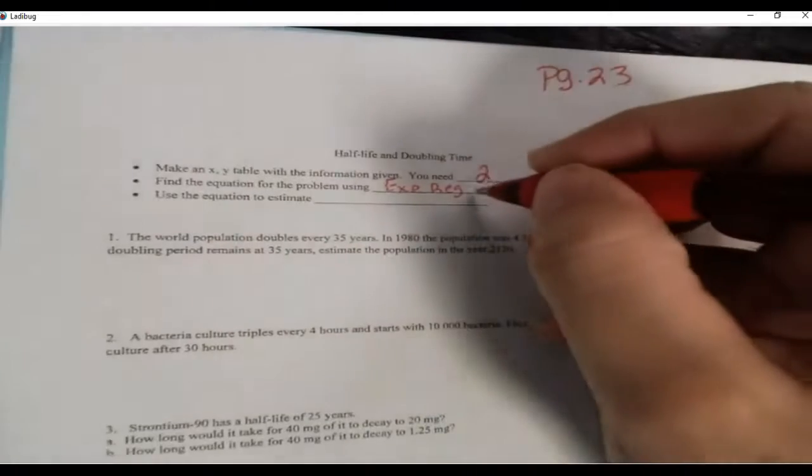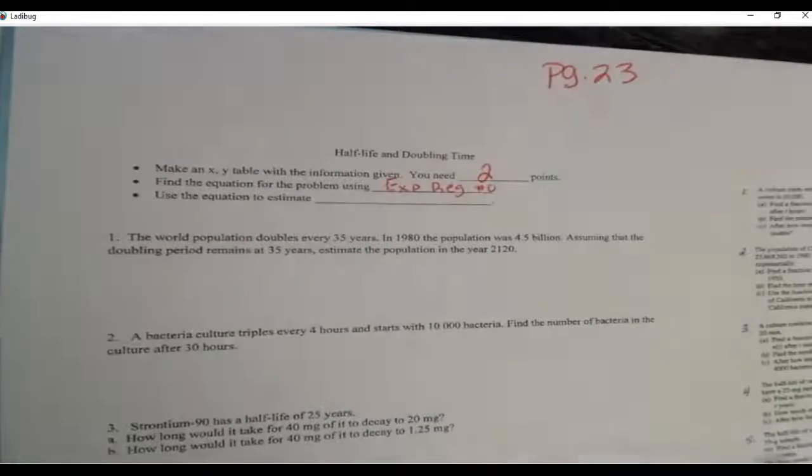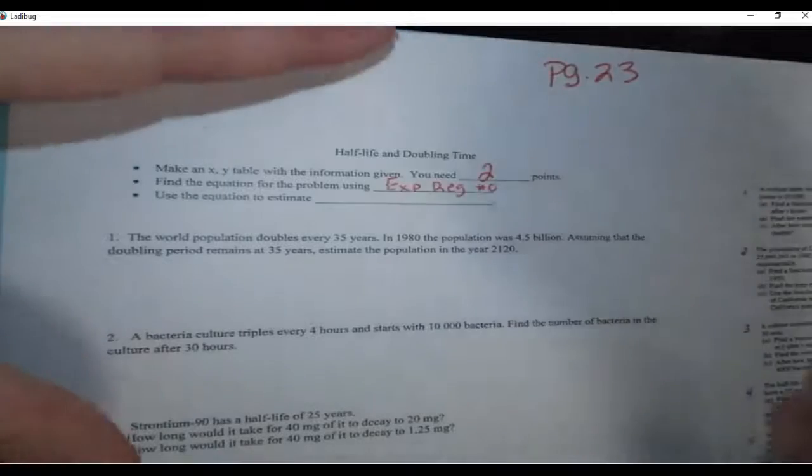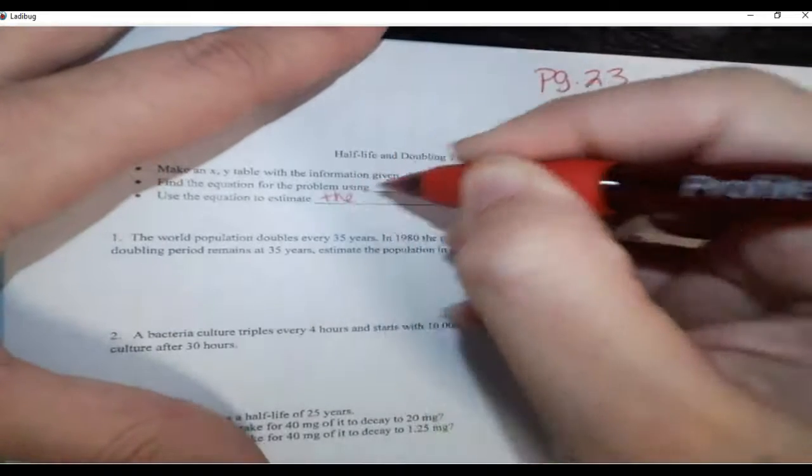And so remember, that's number 0 on your calculator. Okay. And then we're going to use that equation to estimate whatever we're trying to find, so the needed information.